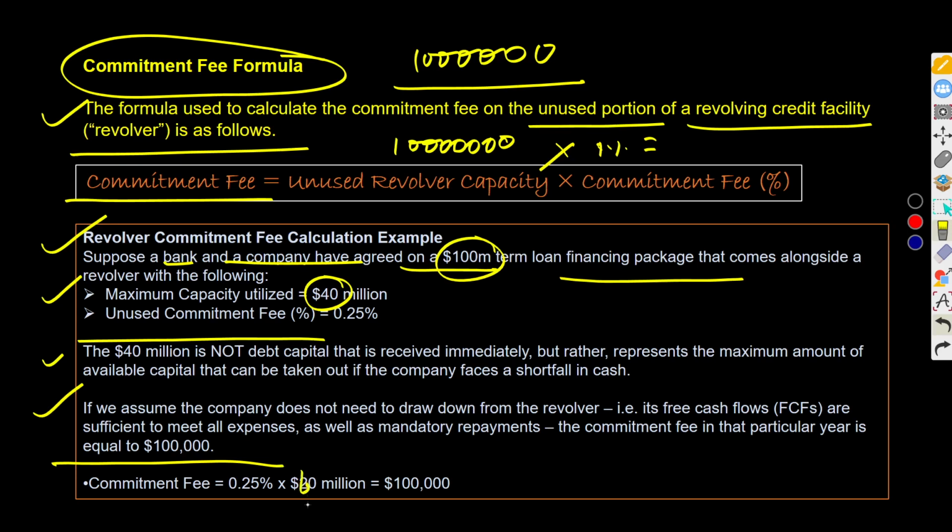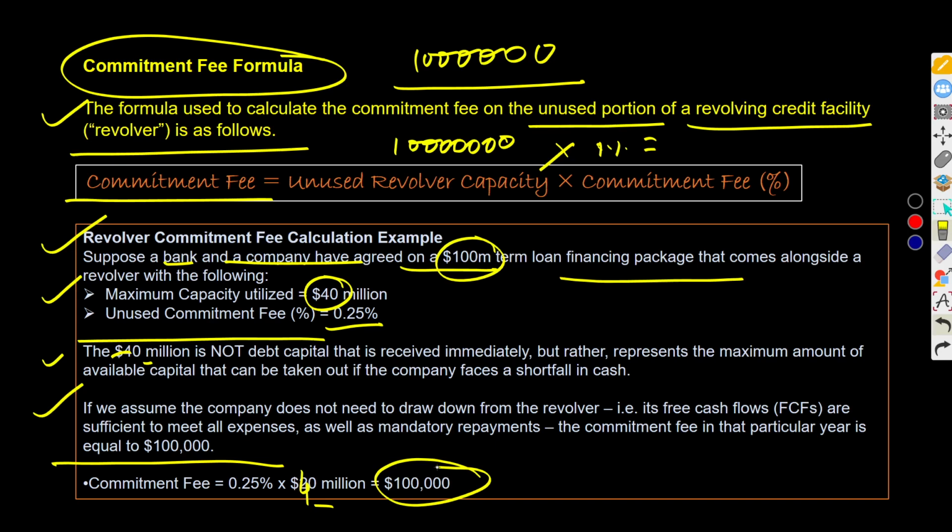Just calculate the commitment fee percentage into 40, the facility amount that you haven't used. It was given as a limit for that particular year, but you haven't used it.